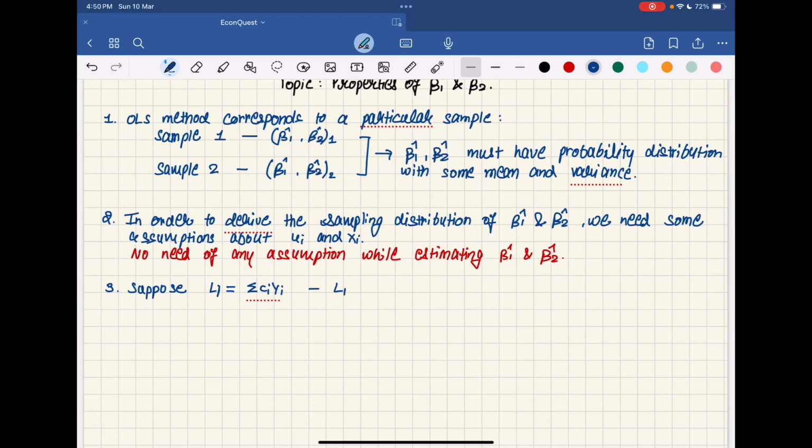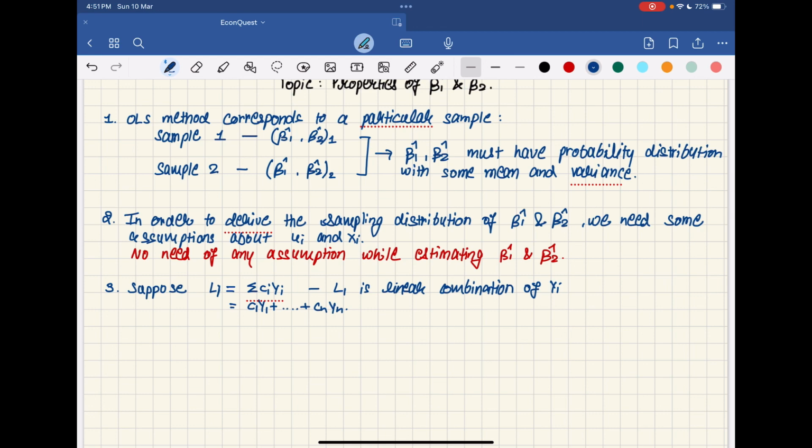It means L1 is a linear combination of yi. Okay, it simply means c1 y1 till cn yn.